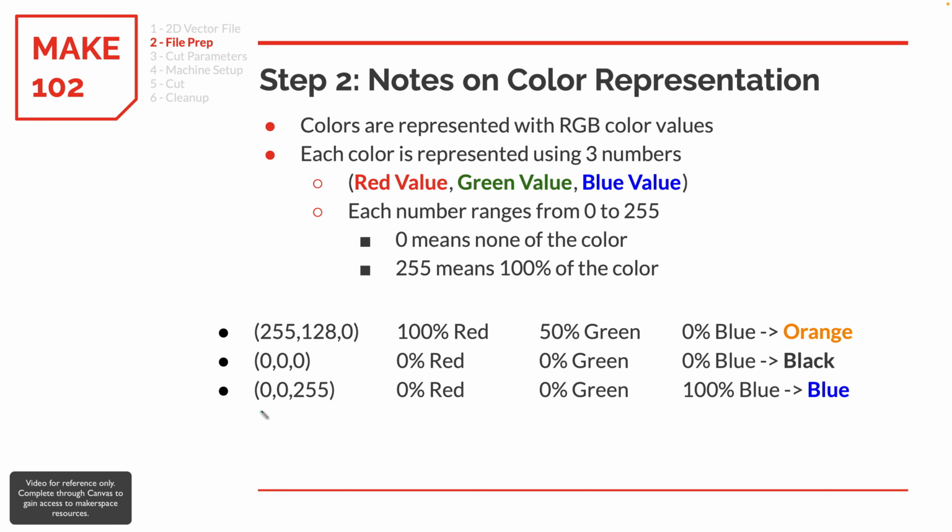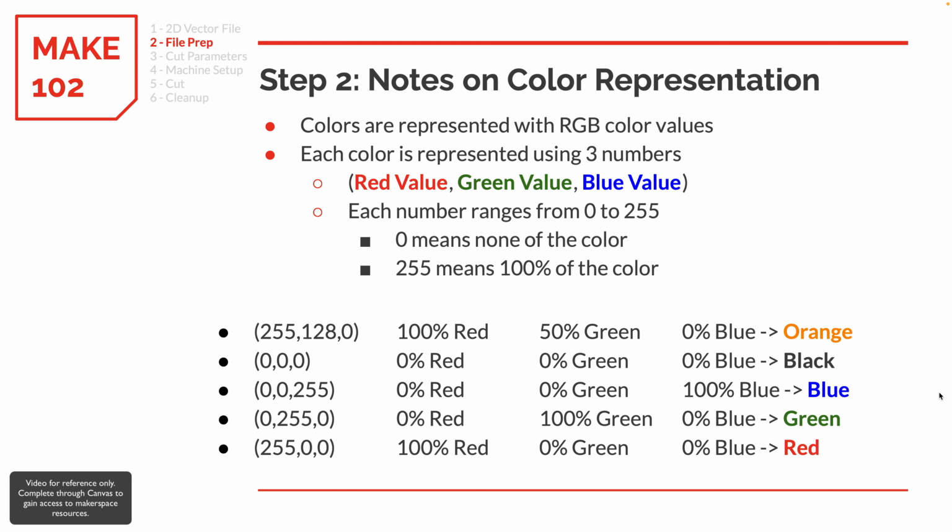If we have 0, 0, 255, 0% red, 0% green, 100% blue, so that is the color blue. If we have 0, 255, 0, that is 0% red, 100% green, 0% blue, so we have the color green.